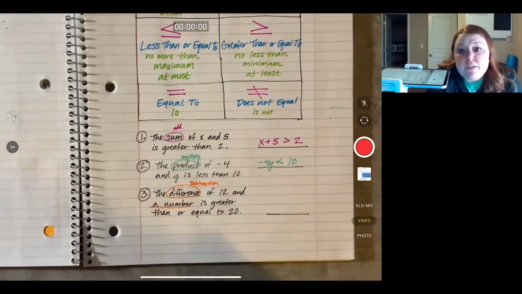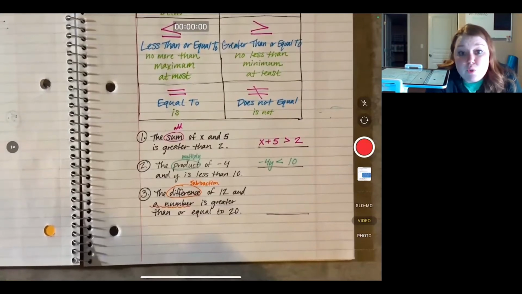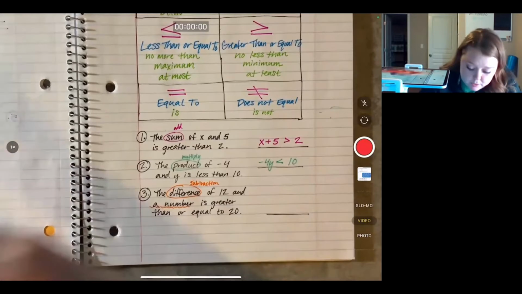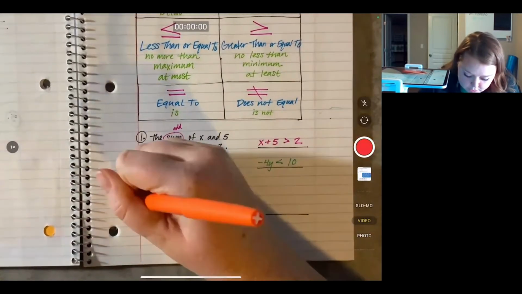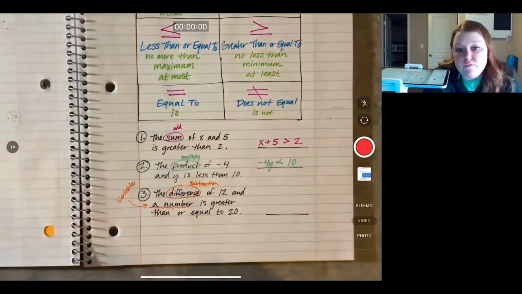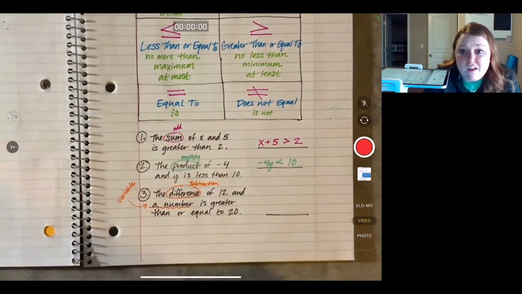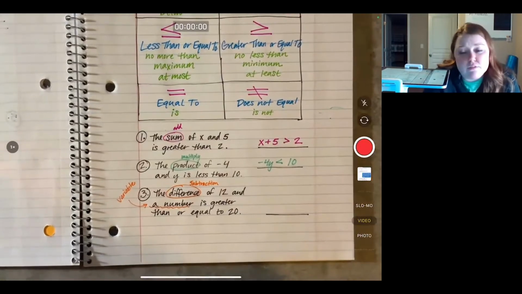It didn't tell you what number. And in mathematics, if we don't know a number, what do we do to replace that unknown value? We use a variable, okay? So maybe point to that and write variable. So the difference of 12 and some number, so we don't know the number, let's call it n or x. Let's do x, we're used to x.